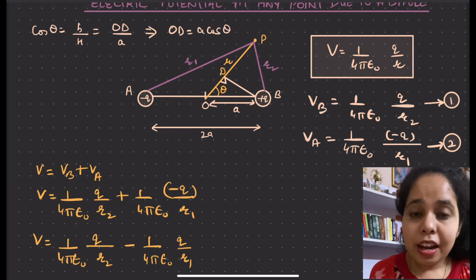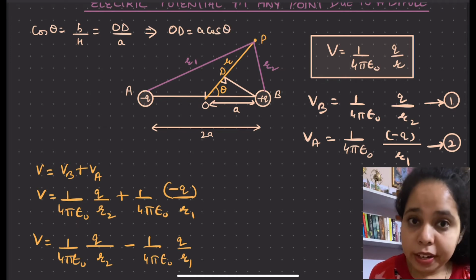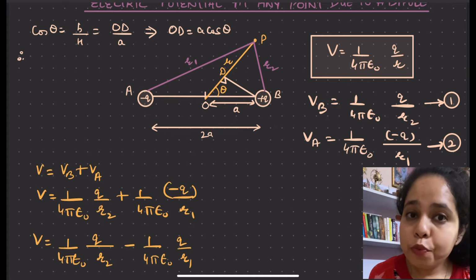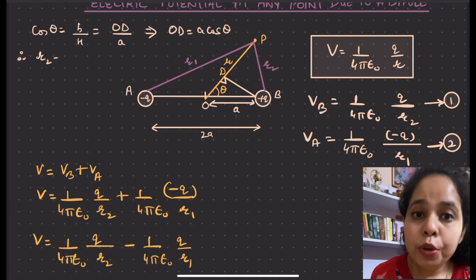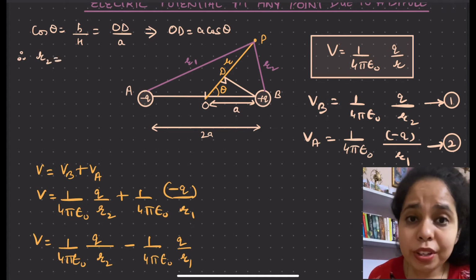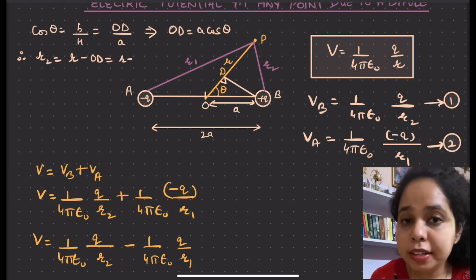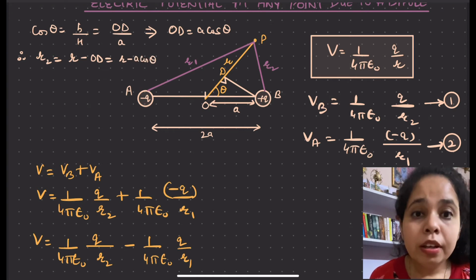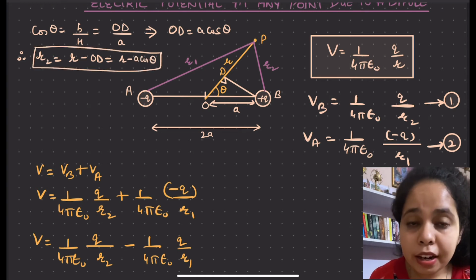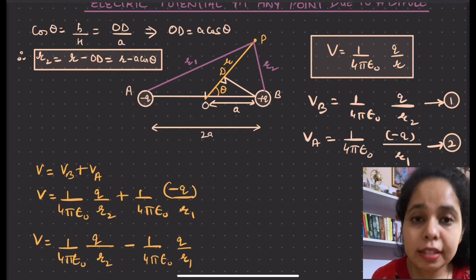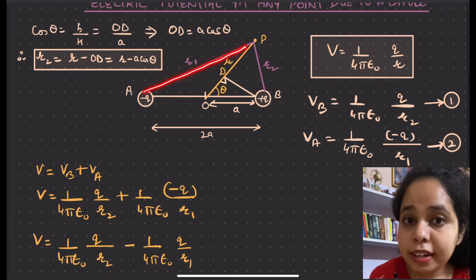As I said that r distance is greater than r2, therefore we can write r2 is equal to r minus OD. Therefore, we have r2 is equal to r minus a cos theta. Similarly, now from this diagram, it is very clear that r1 is greater than r.